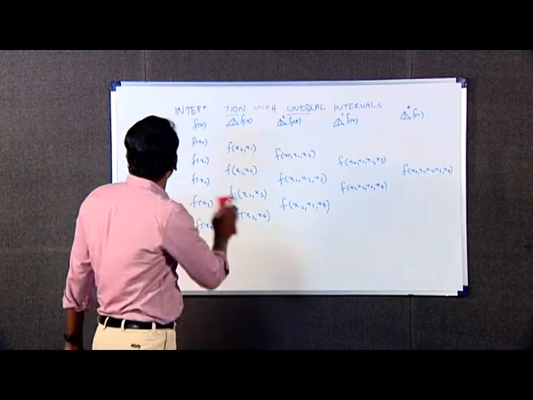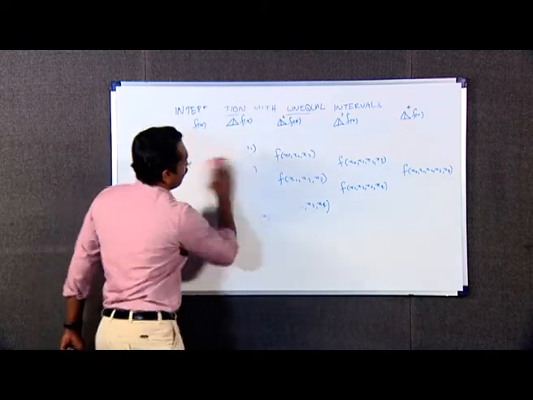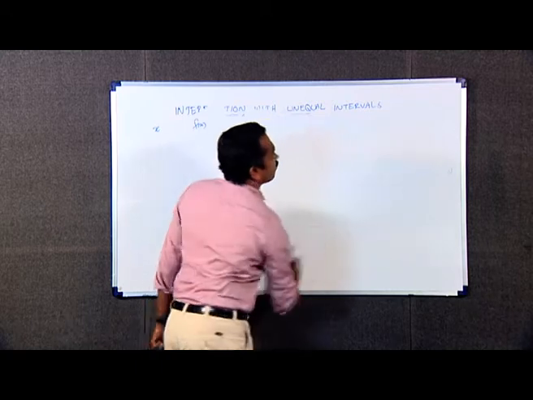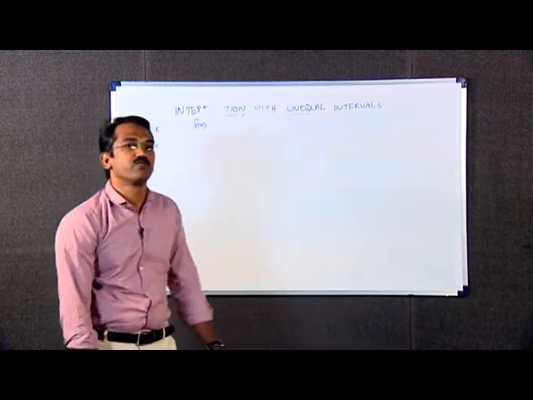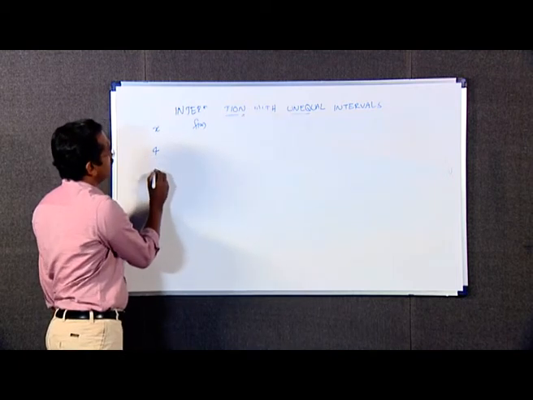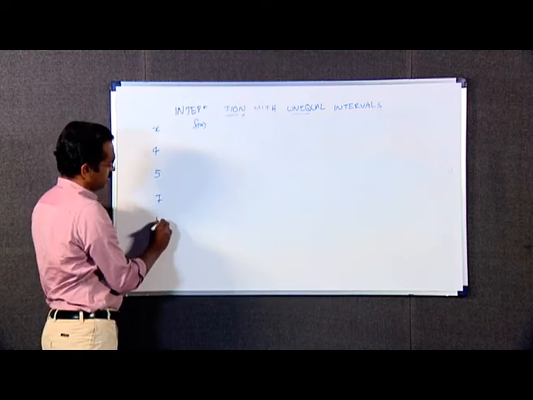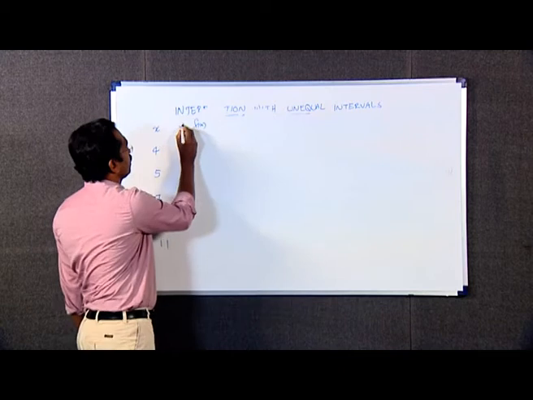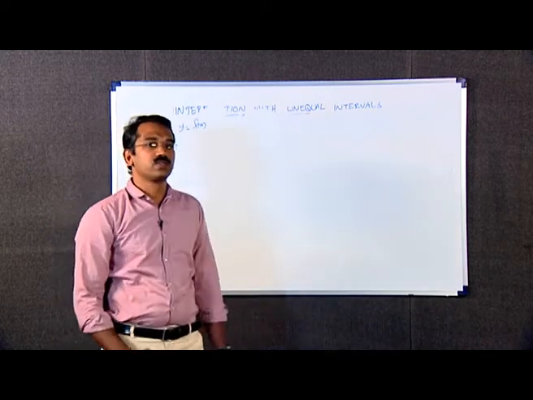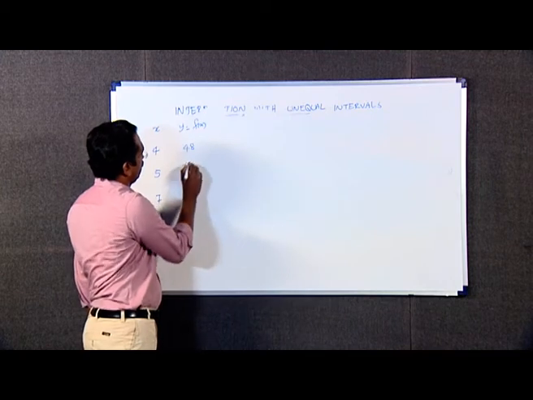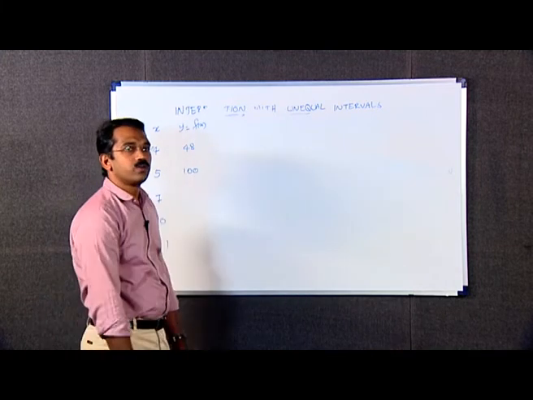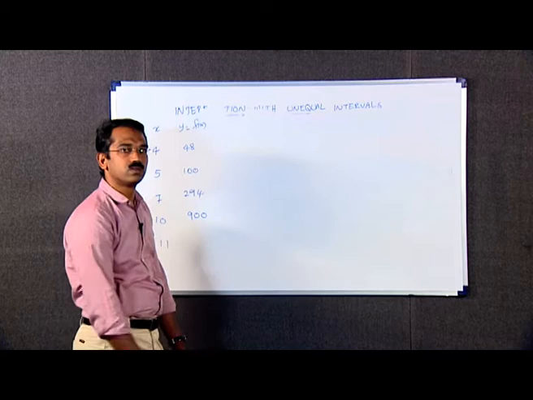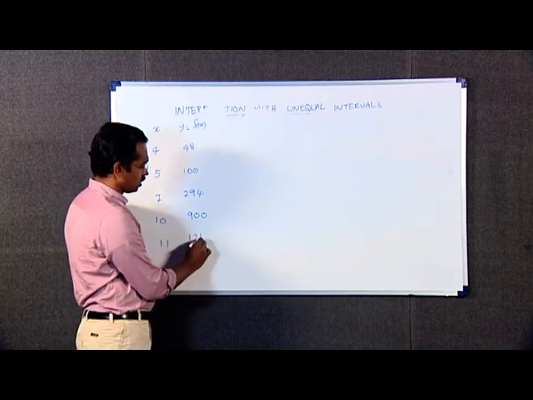The given data is values of x are 4, 5, 7, 10 and 11, and the corresponding function values y equal to f of x are 48, 100, 294, 900 and 1210.